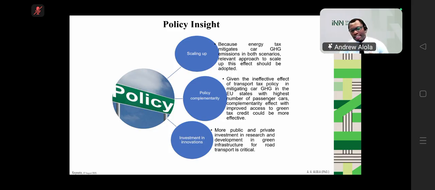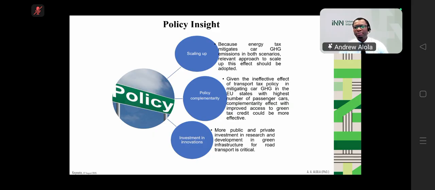This type of tax, the transport tax, could be complemented with some kind of new policy introduction. That could be in the area, for instance, of tolling some specific roads, just to discourage the number of people plying that road and reduce greenhouse gas emission.